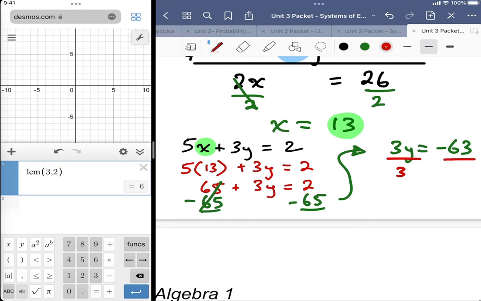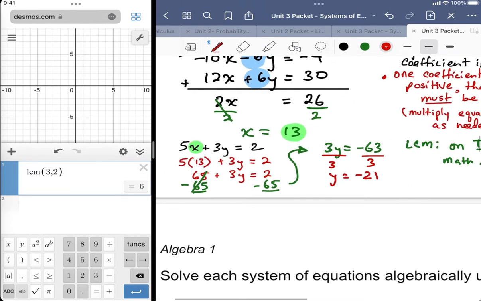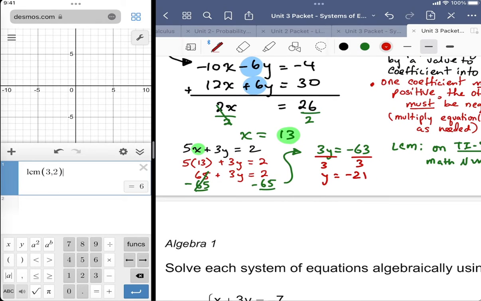Divide by 3. Oops. And you get y is equal to negative 21. And so I have an x value, I have a y value. That's going to give me my solution, which is going to be 13 comma negative 21. All right, x value first, then y value.